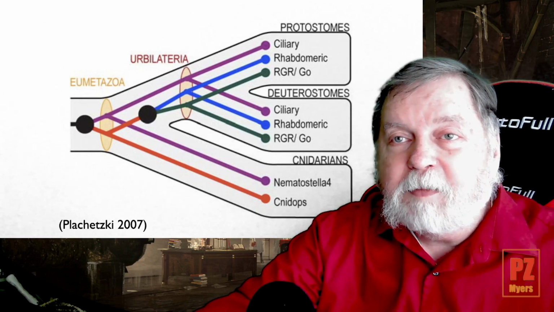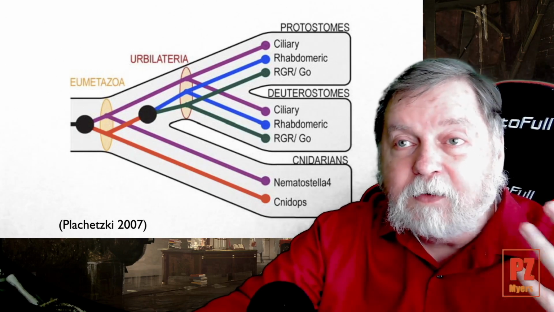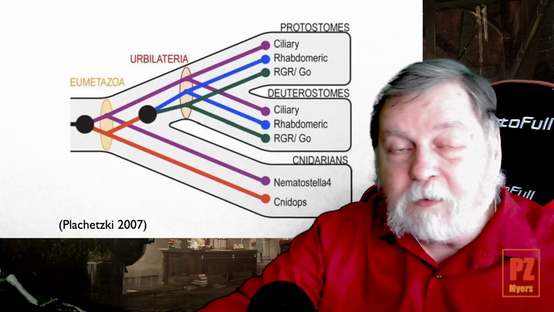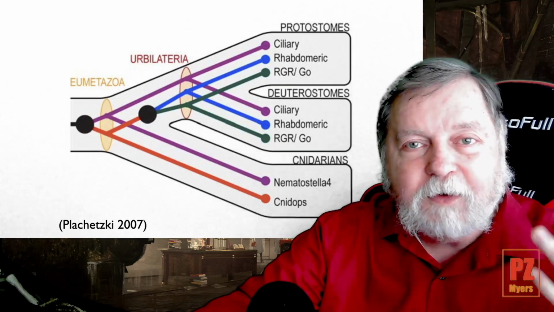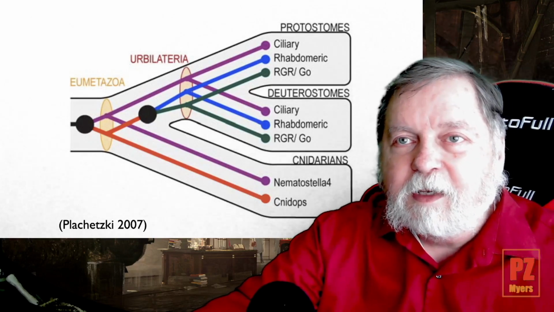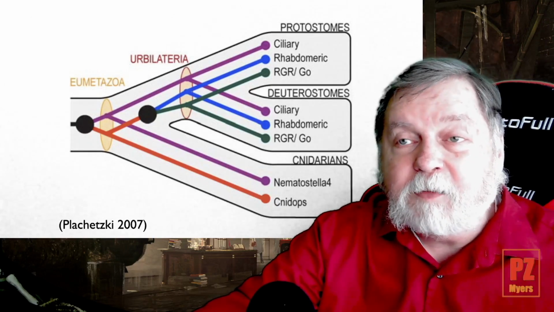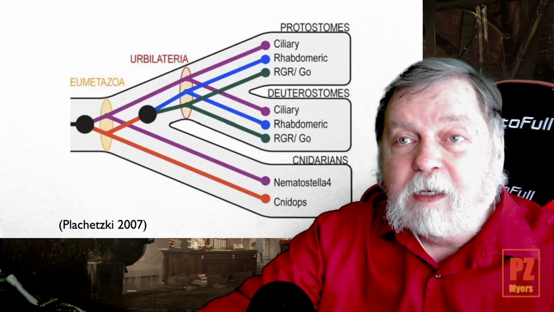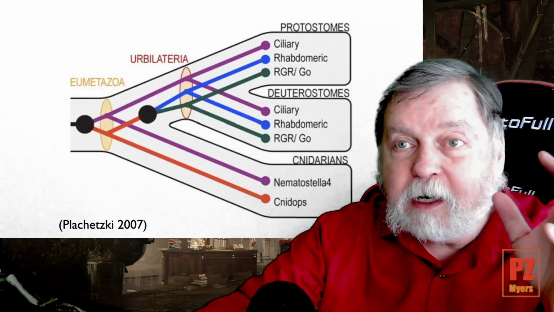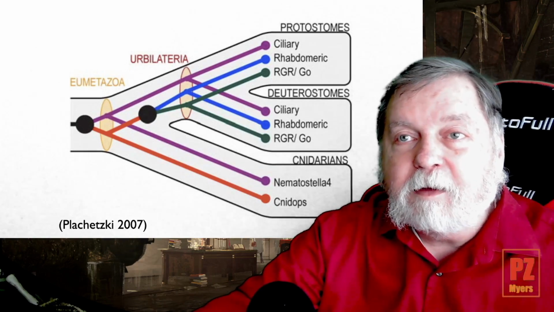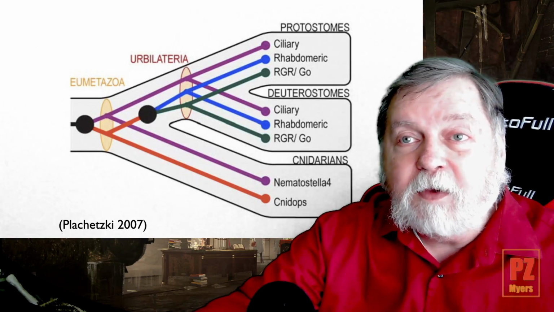And then in the bilaterians, that again is lots of different organisms. That's us, that's insects, that's spiders, that's squid, all these things. The bilaterally symmetric animals have produced a third one, this RGR, but don't worry about it. But we can also see that all of their descendants have both ciliary and rhabdomeric eyes.